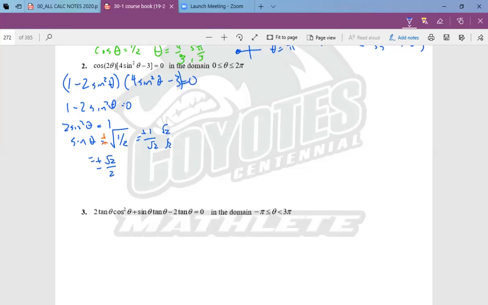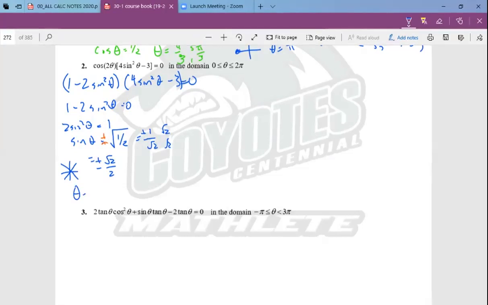Some of you prefer the 1 over root 2 form, some of you prefer root 2 halves. You have to be aware that both of those are equivalent. They mean the same thing. They refer to the same angle when we have sine theta equal to that. What we have is the pi quarters in all four quadrants.